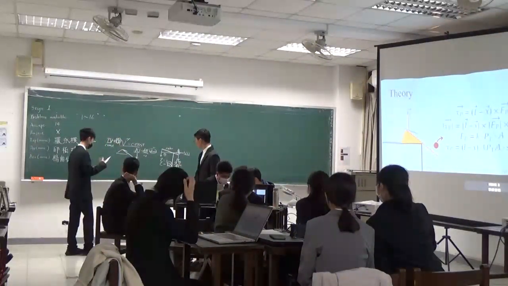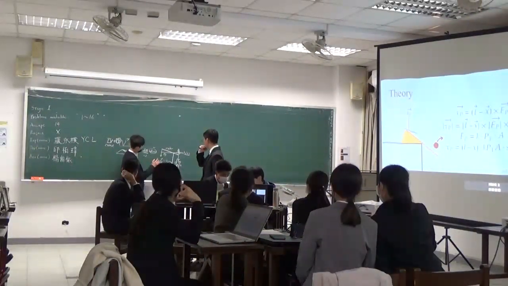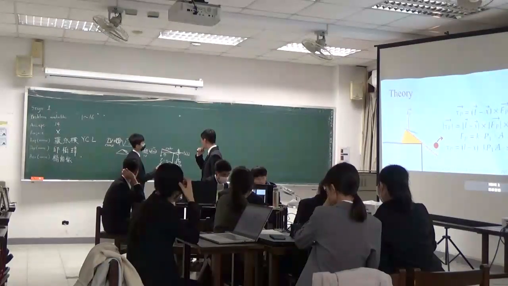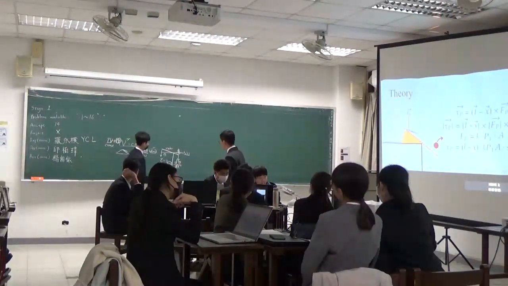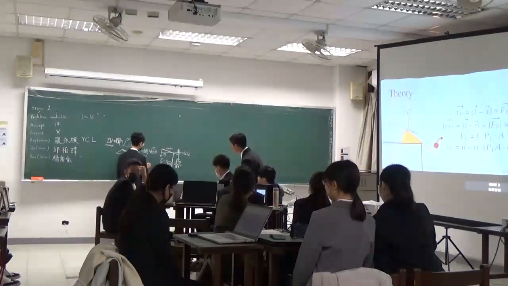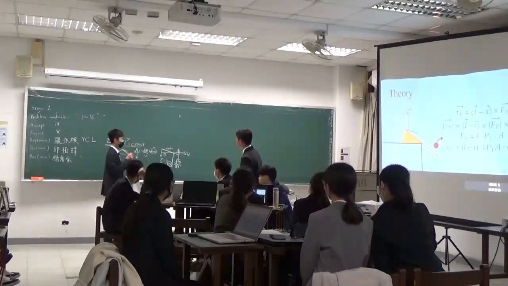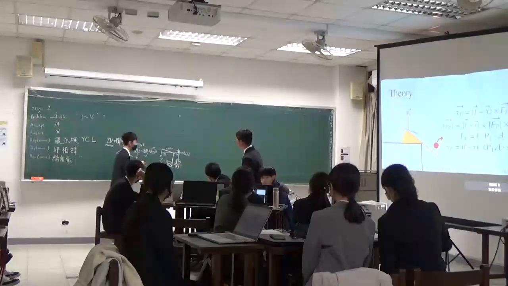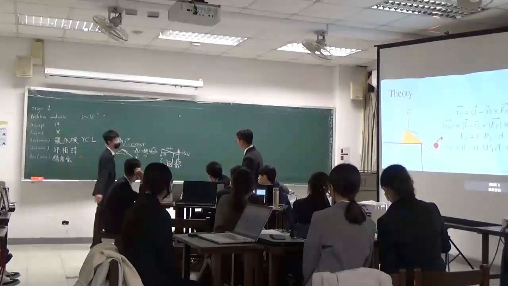Sorry, I'm not asking about this. It's about when the ruler is rotated. If the mass of the ruler is not much smaller than the ball, you should consider the moment of inertia of the ruler.